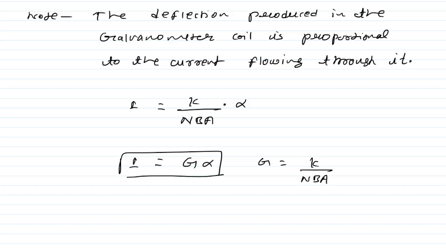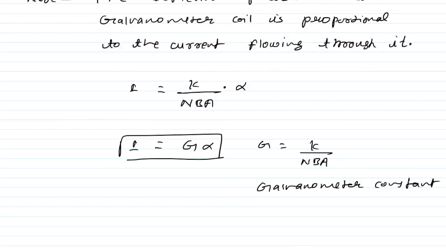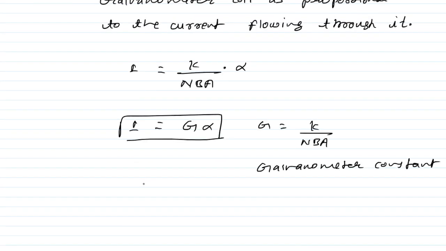This is called the galvanometer constant.